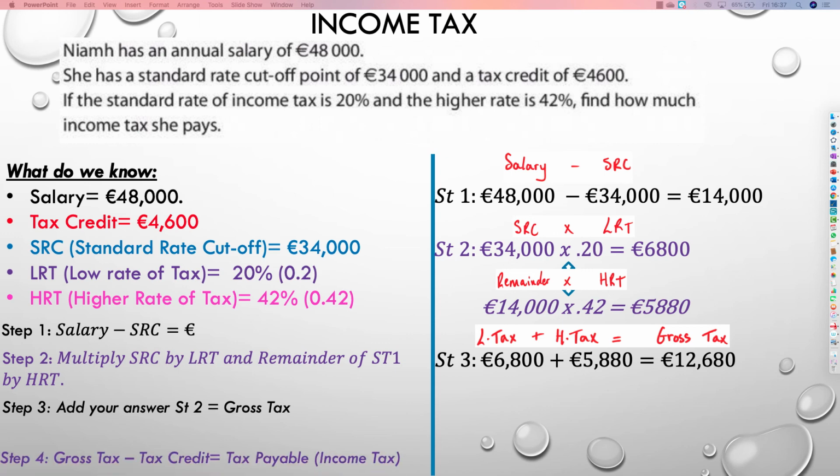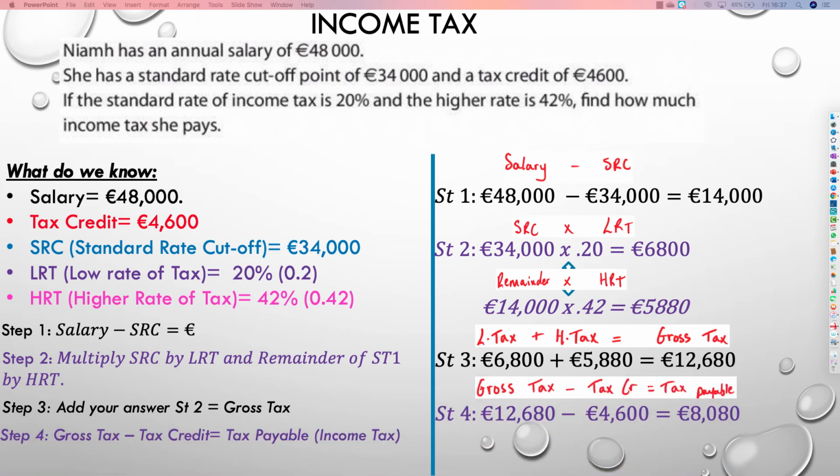So we take away our 4,600 from 12,680, which gives 8,080. That is our tax payable. How much will she bring home then? Exactly. If you took the 8,080 from 48,000, that'd be how much she took home.